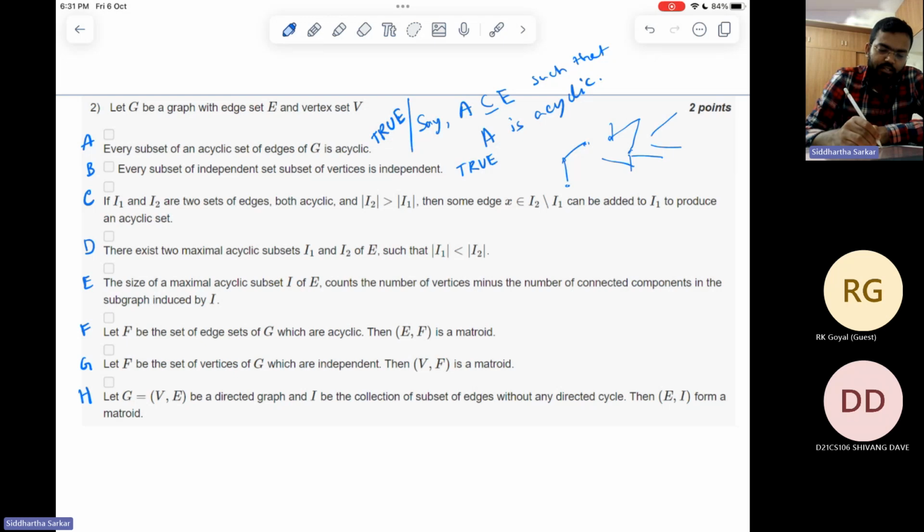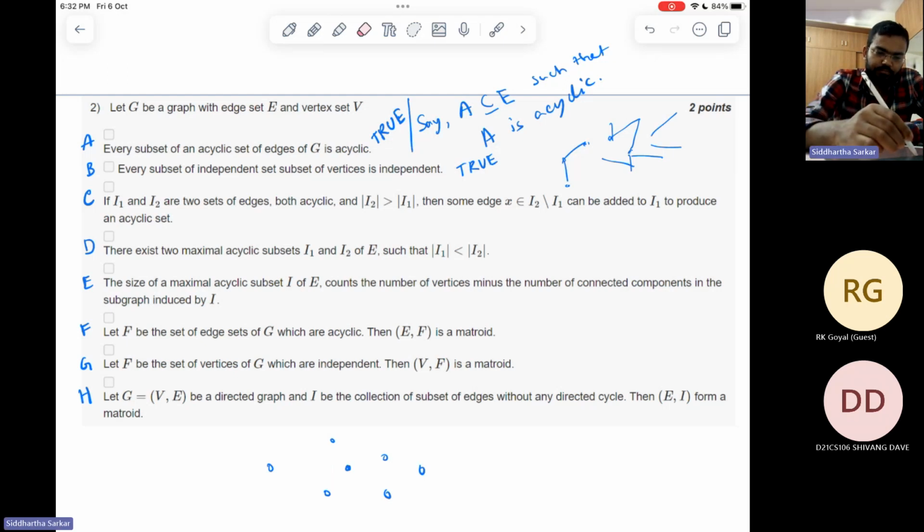An independent set is a set of vertices of the graph such that if you pick any pair of vertices, there is no edge between them. So if you take a subset of the vertices, a new edge cannot be generated because we are not adding edges.